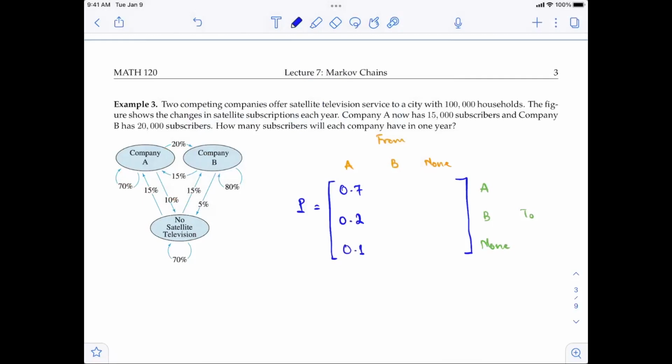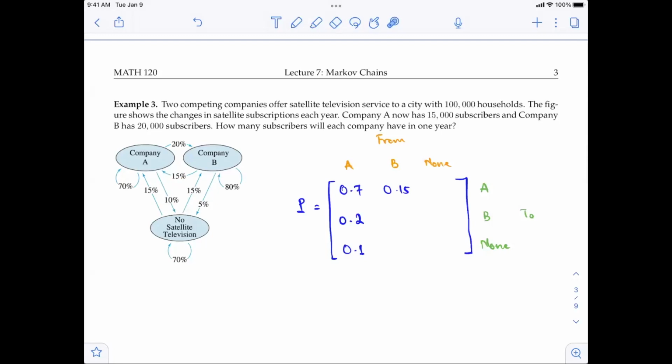All right. Now for company B, you move on to the second state. Now a subscriber using company B may switch to company A, and there is 15%, or 0.15.